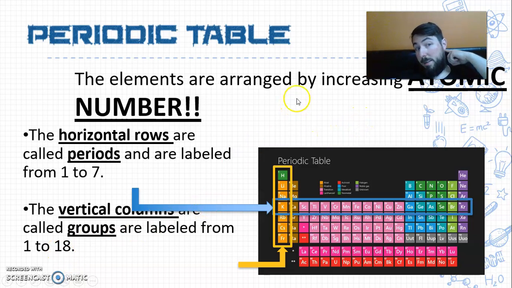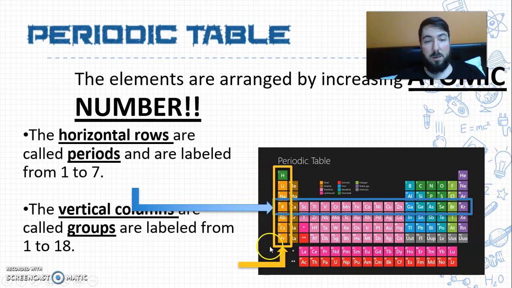So like I said, the elements are arranged by increasing atomic number. There are also rows and columns in the periodic table. They're organized that way for a reason. The rows are called periods, and there are 7 of them: 1, 2, 3, 4, 5, 6, 7. That's also going to have a meaning in a future lesson, but we don't have to worry too much about that now.